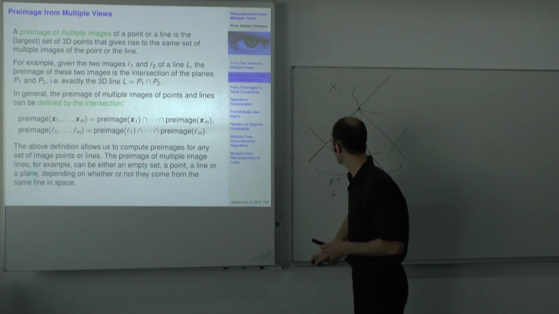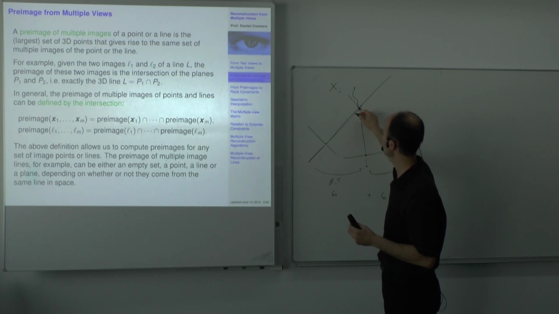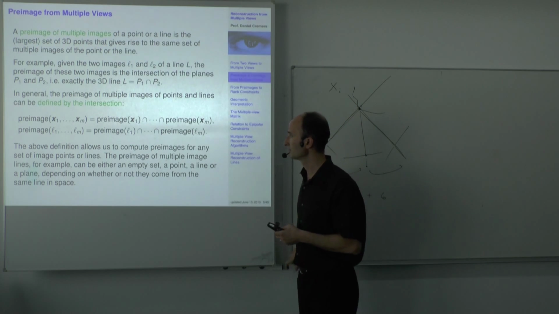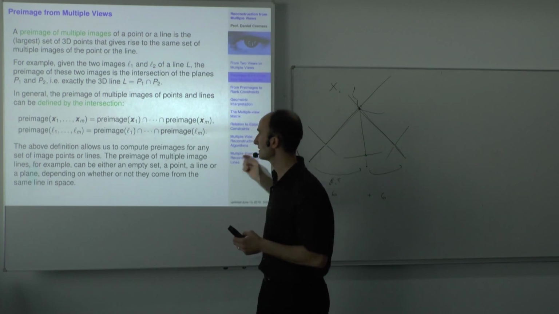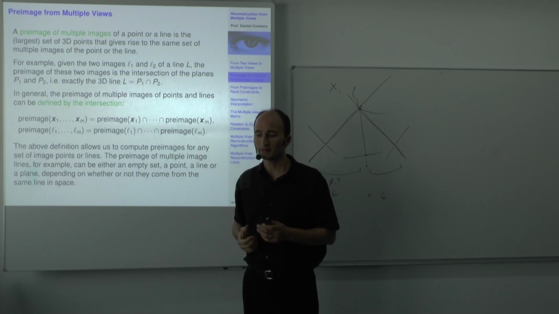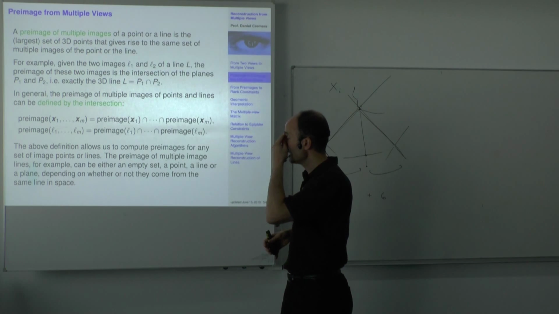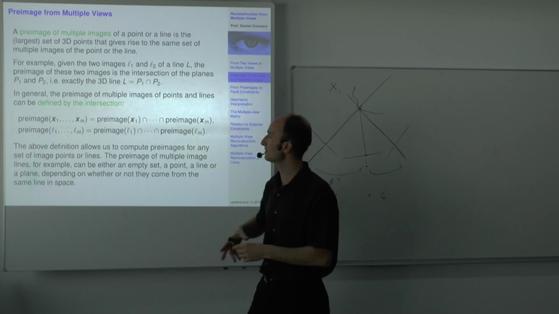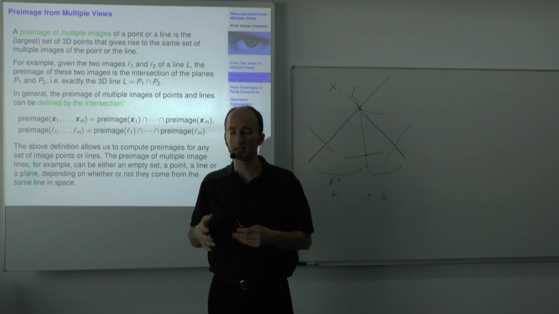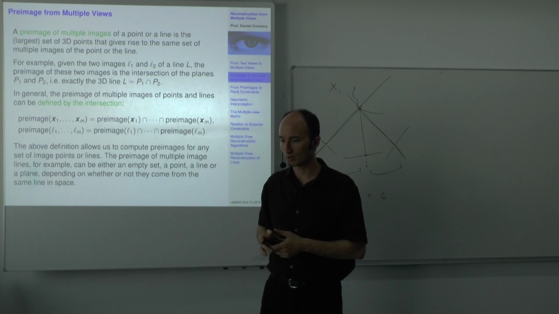So I have one pre-image for this point and one pre-image for that point, and the intersection is ideally then my reconstruction. That is the set of feasible reconstructions. And the idea is the more images you have, the more pre-images you can intersect, and by intersecting all of them you can constrain the reconstruction more and more.